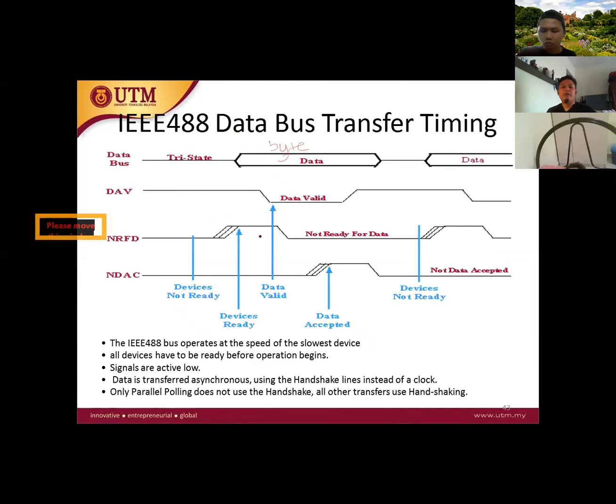Example of DAV and NRFD. If NRFD is low, it means the device is not ready. When NRFD is high, the device is ready. And if DAV is low, the data is valid. Next, when NDAC is high, data is accepted.